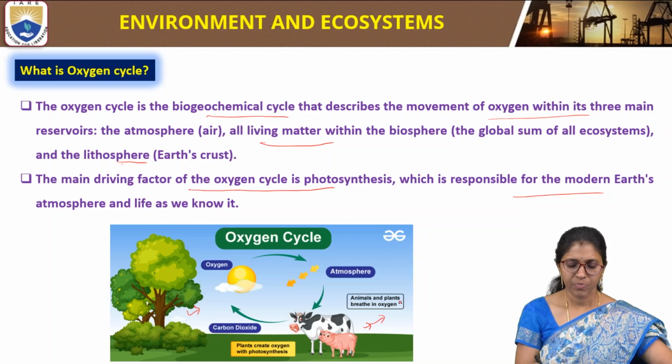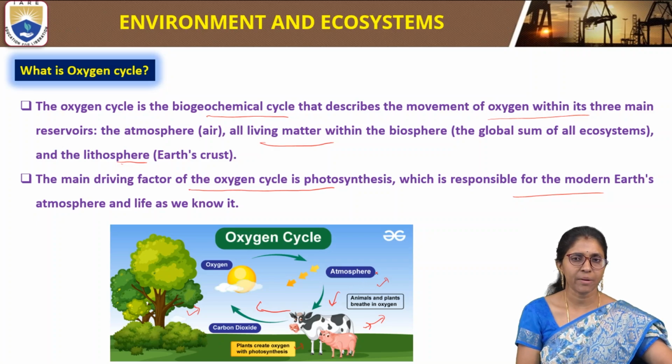So animals and plants are breathing oxygen which is present in the atmosphere. The plants again create oxygen with photosynthesis, which is used by the animals, and here they are producing carbon dioxide.